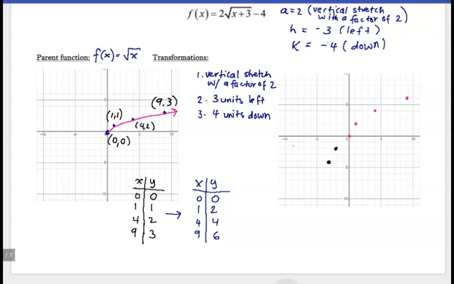Next point, 3 units left, 1, 2, 3, and 4 units down, 1, 2, 3, 4. Now connecting all the points, and here is my translated version of my parent function.